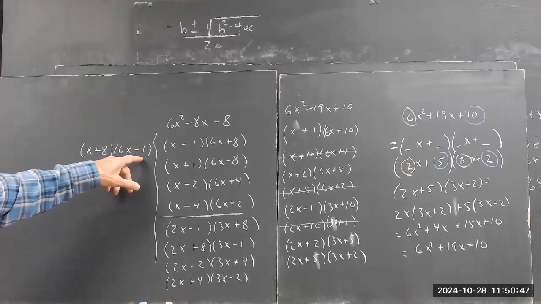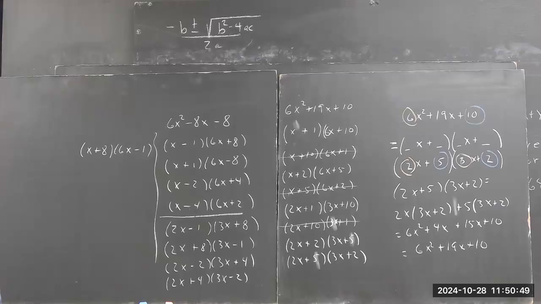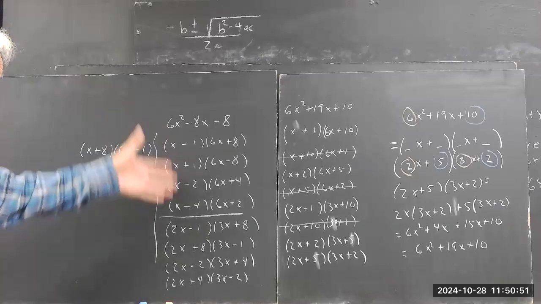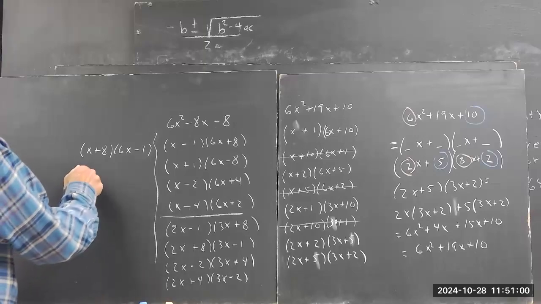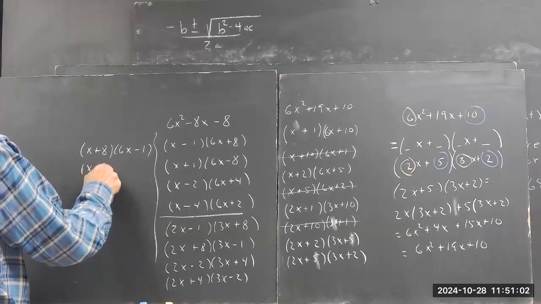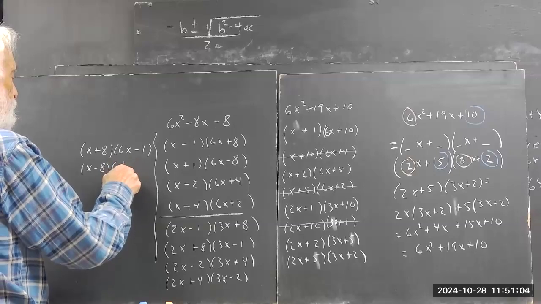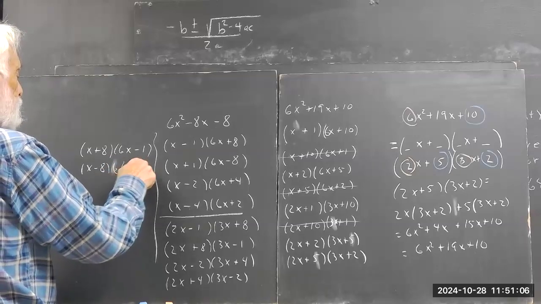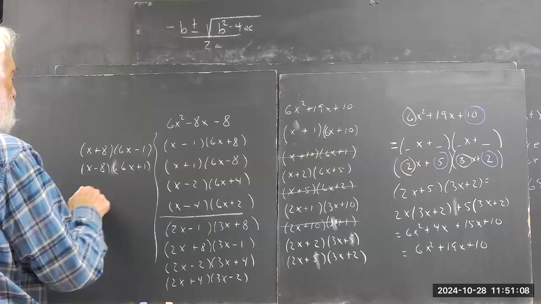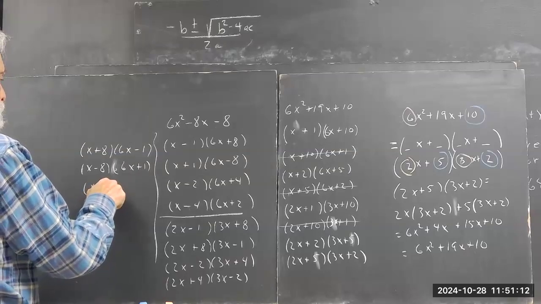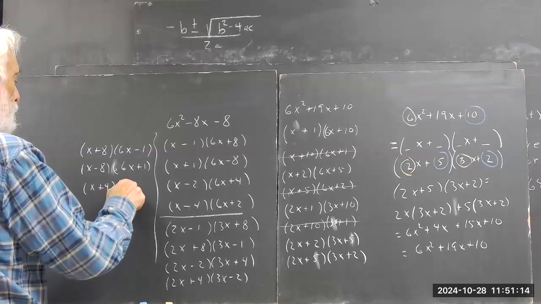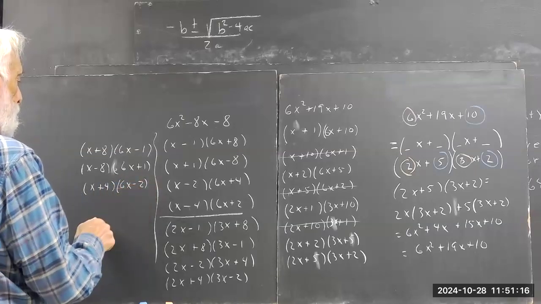How about x plus 8, 6x minus 1? List that over here. Okay. Or x minus 8 and 6x plus 1. Or x plus 4, 6x minus 2.